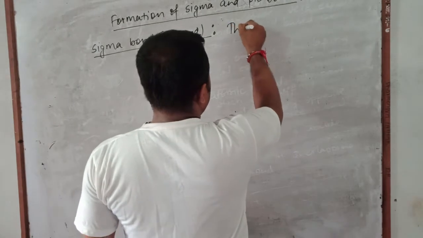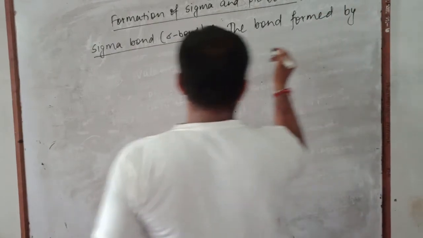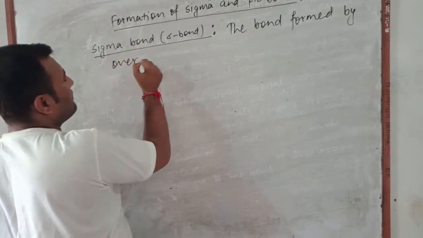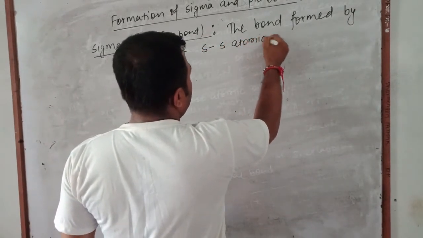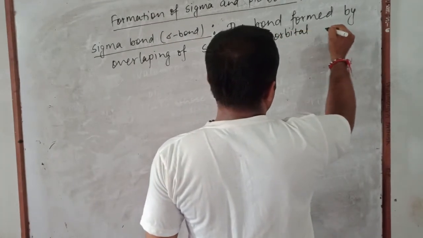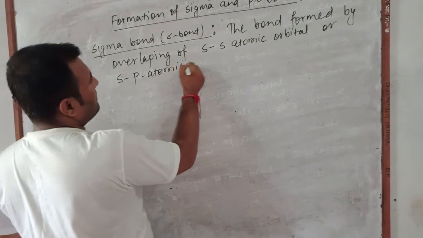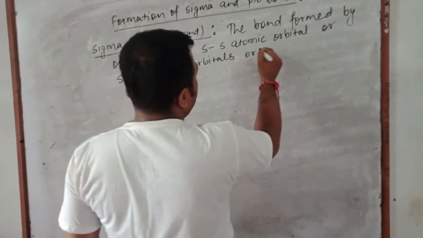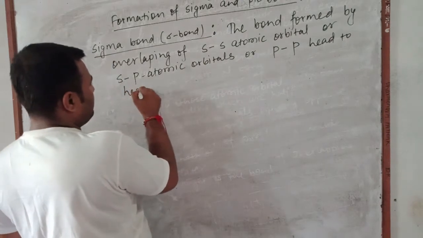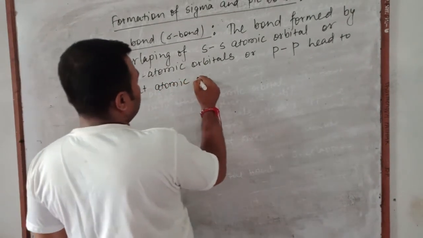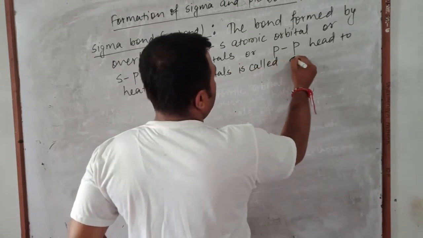The bond formed by overlapping of ss atomic orbitals, or sp atomic orbitals, or pp head-to-head atomic orbitals is called a sigma bond.